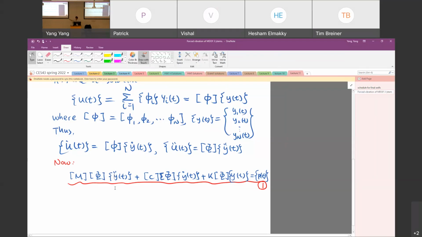So remember that the P, that's the combination of all modal shapes. So now we multiply the transpose of the P on both sides.